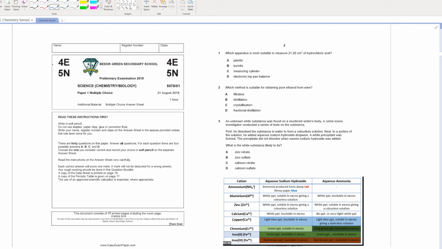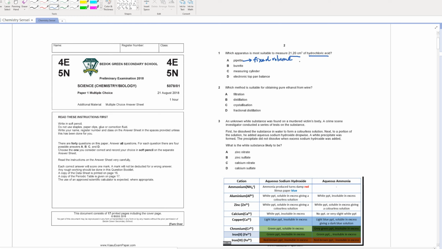Question 1. Which apparatus is most suitable to measure 21.20 cm3 of hydrochloric acid? For these questions, you need to know the accuracy of each of the measuring instruments found in the options. For pipette, you need to know that a pipette measures a fixed volume of liquid.